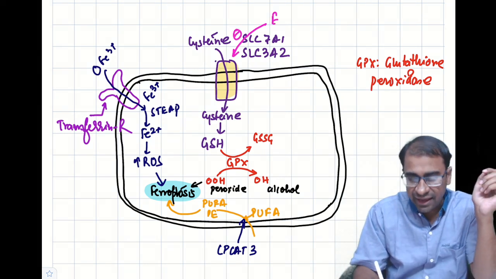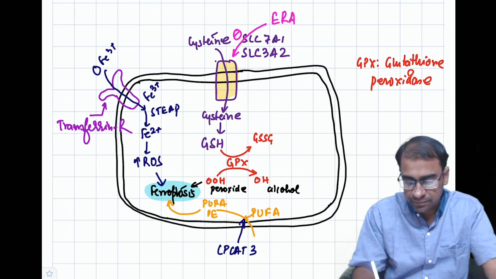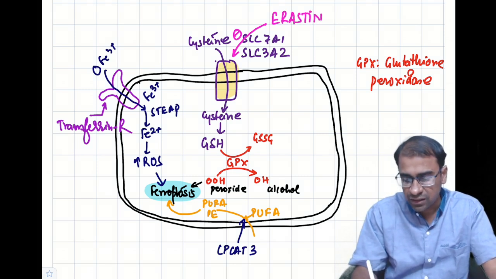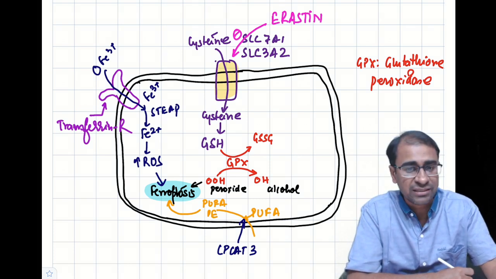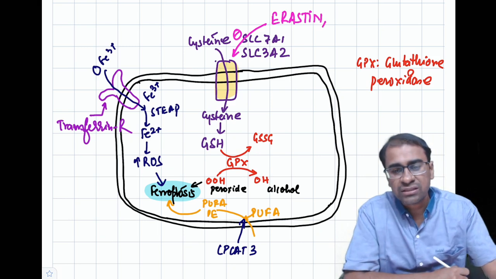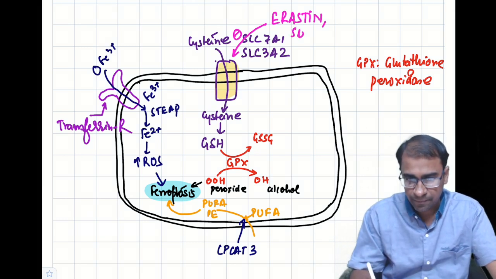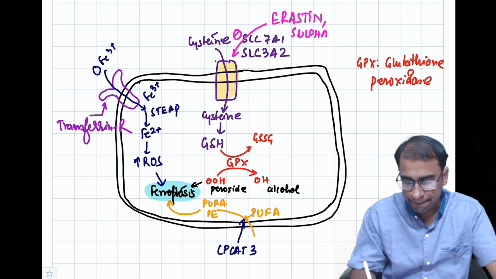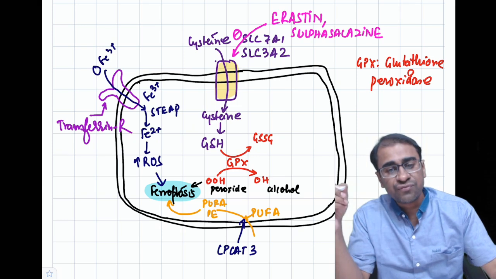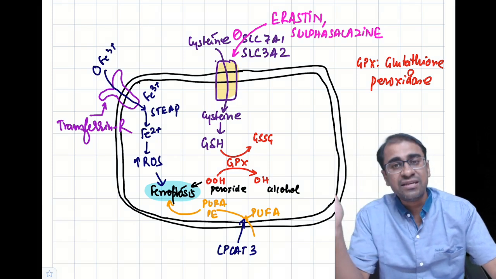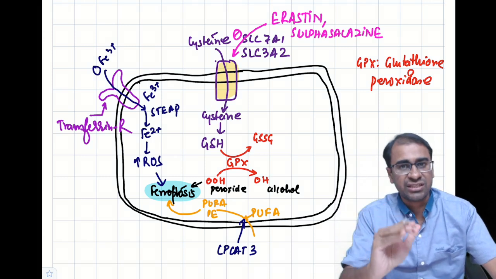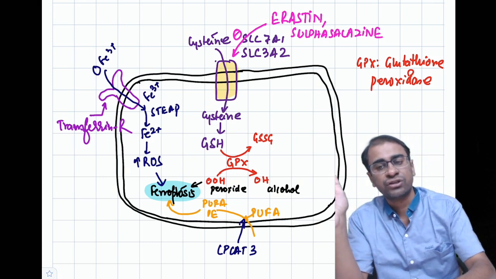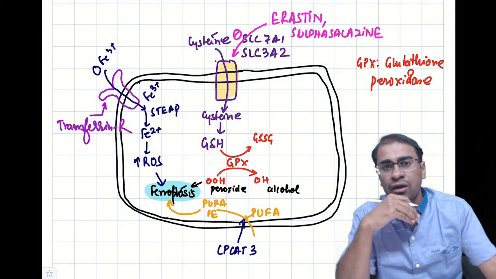Some drugs like erastin, this is a chemotherapy drug, helpful in treatment of some cancers, along with sulfasalazine, will inhibit the SLC7A1, and this will decrease the cysteine. Decrease in cysteine will decrease GSH and will again cause an increase in the reactive oxygen species, causing the ferroptosis.